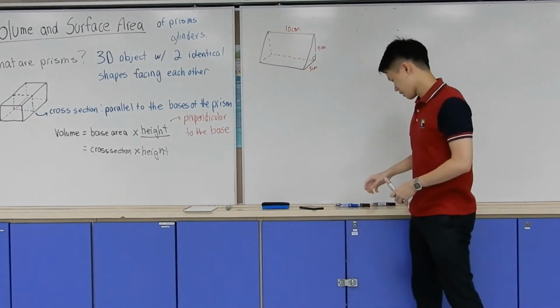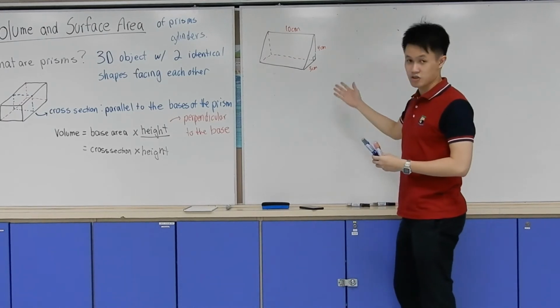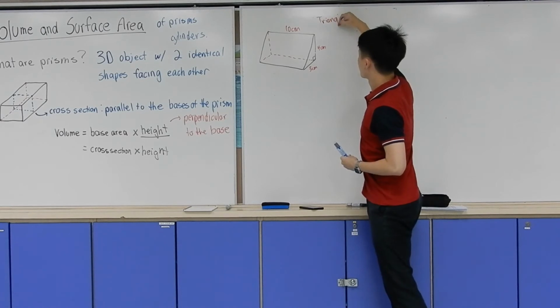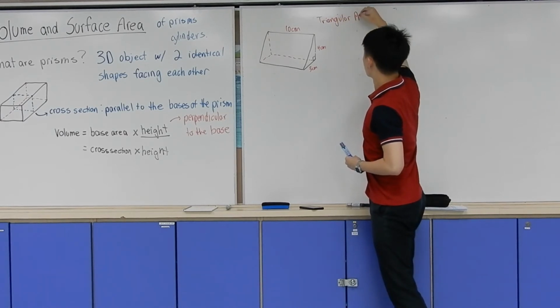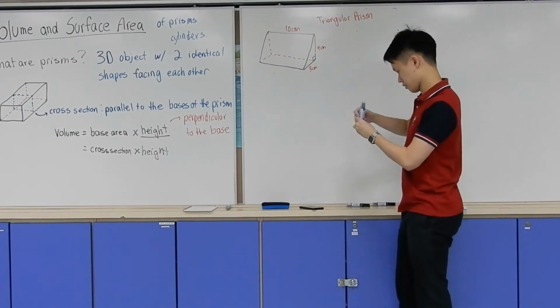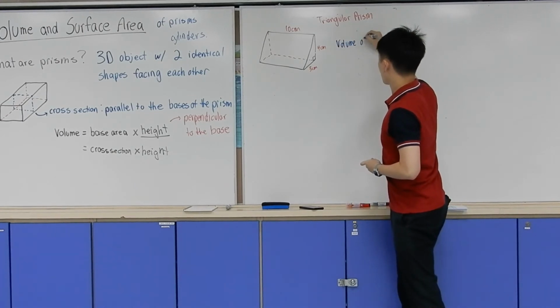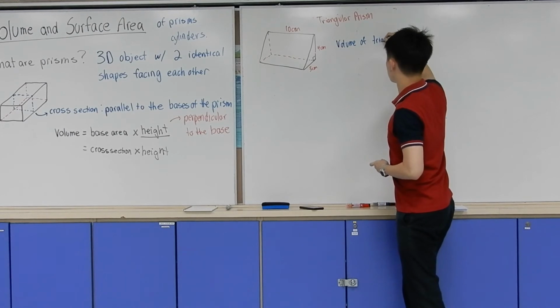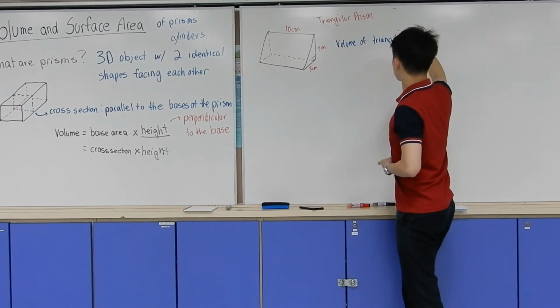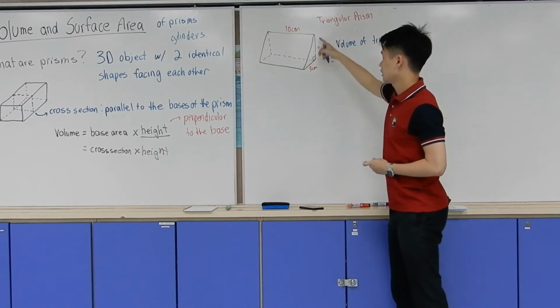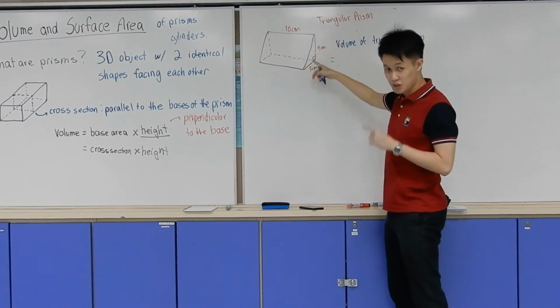To find the volume of this, which we call a triangular prism, I'll write it quickly here. Volume of triangular prism is equal to the area of the triangle, which is the base.